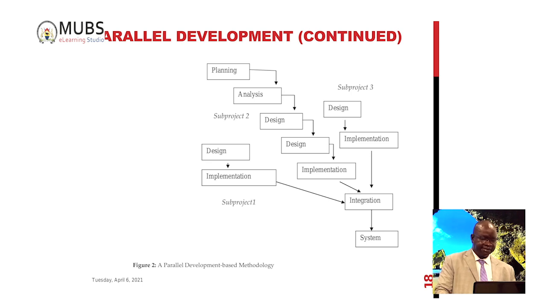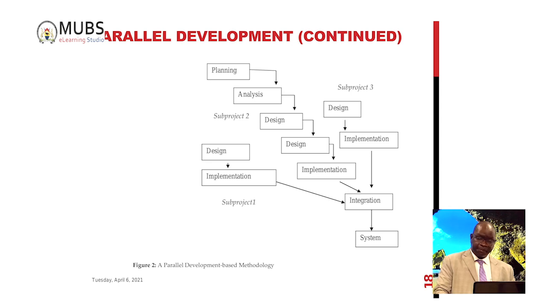This is the first for sub-project 1, the second for sub-project 2, and the third design for sub-project 3. So you can see there's a clear division of labor here. So that work is done, the middle is done, and the last one here is also done.